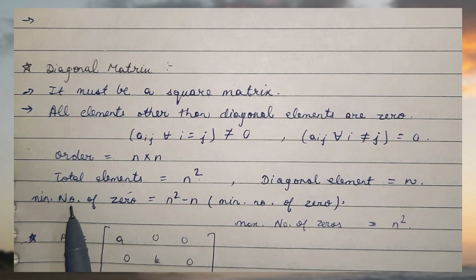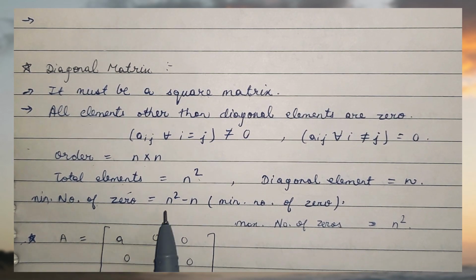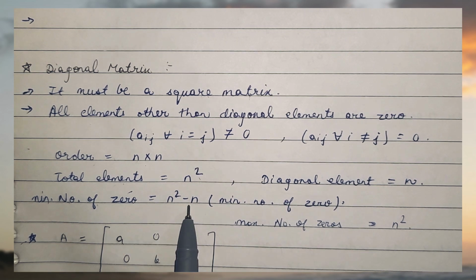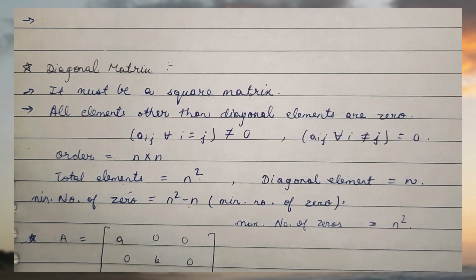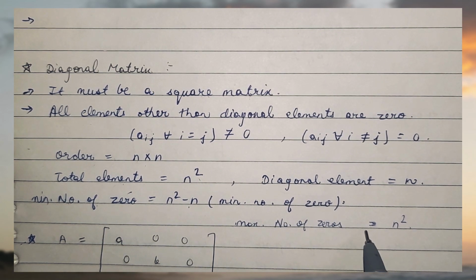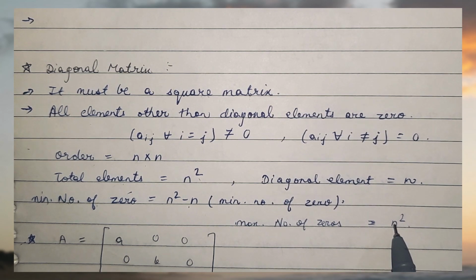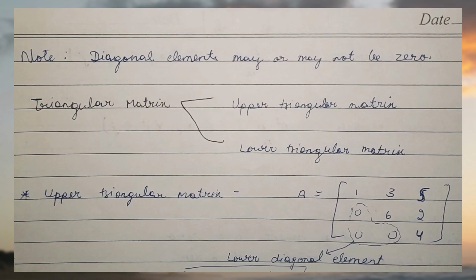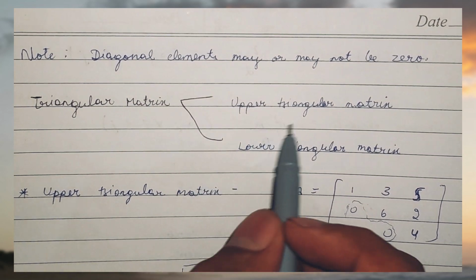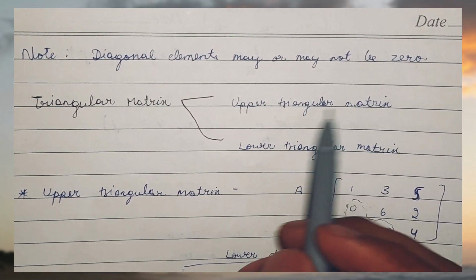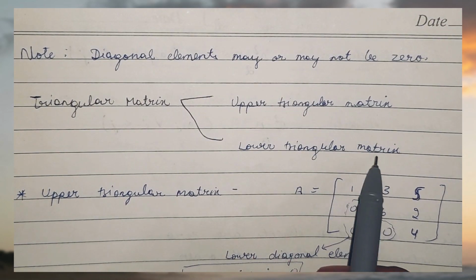And the minimum number of 0s in a diagonal matrix is n square minus n, and the maximum number of zeros can be n square. Then comes triangular matrix. The triangular matrix can be of two types: upper triangular matrix and lower triangular matrix.